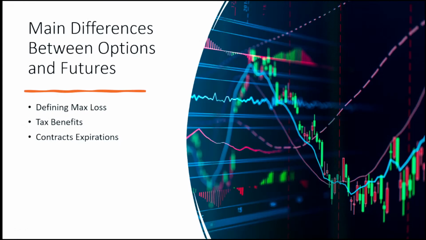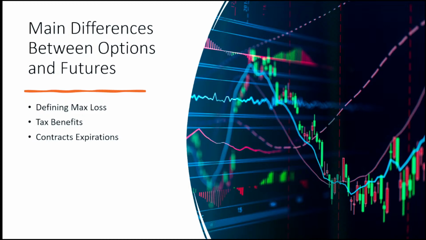Okay, so we're going to talk about some of the main differences between options and futures. One of the biggest things you need to understand is max loss. On options, if you are buying to open, you have a defined max loss. If you buy a call and it's $1,000 to buy that call, that is your max loss.